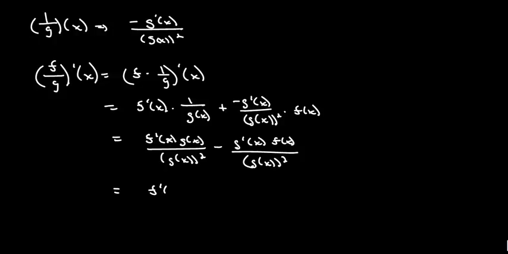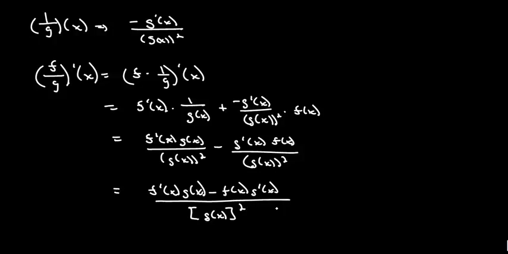And so what you end up with is f prime of x, g of x, so low times the derivative of the top, minus the top times the derivative of the bottom, the denominator, over the bottom squared.